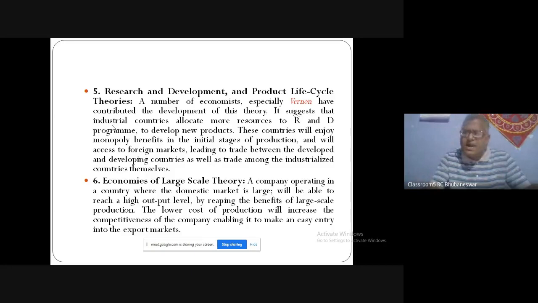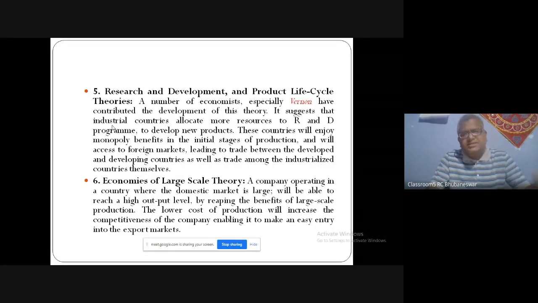Nowadays there is very much demand in countries like India, because of a huge consumption of petrol or diesel in comparison to other countries. In this way Tesla is focusing more on starting its business in India also, or starting its own workshop also. These types of issues are addressed by these theories, that is called trade between developed and developing countries, as well as trade among industrialized countries themselves.